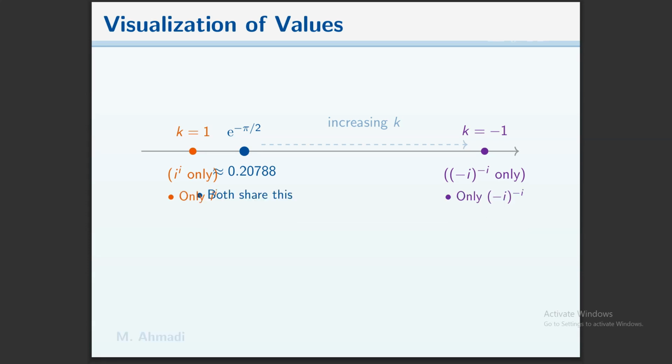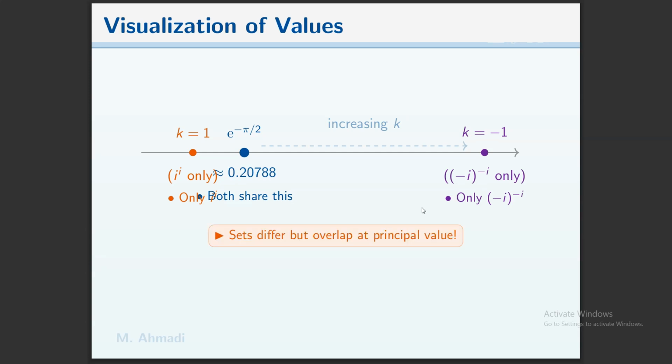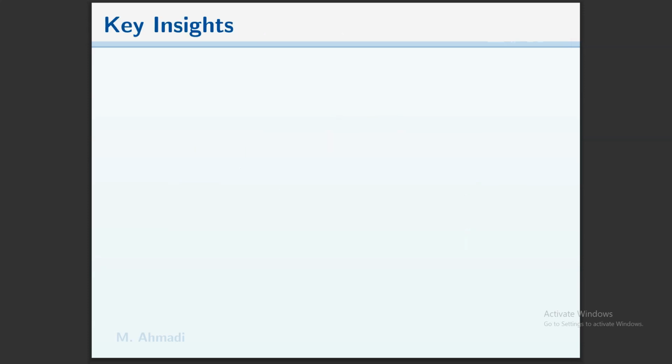Here we can say that for k equals 1, i to the i and minus i to the minus i have different values. But i to the i for k equals 1 and minus i to the minus i for k equals minus 1 have the same value, because the difference was related to the minus sign. So the sets differ but overlap at the principal value.